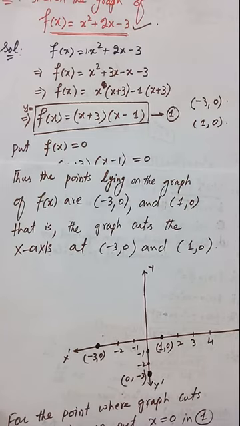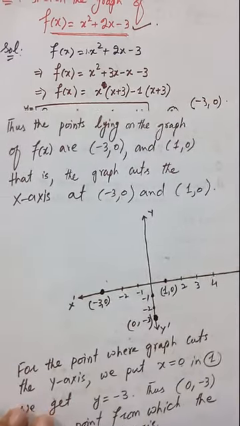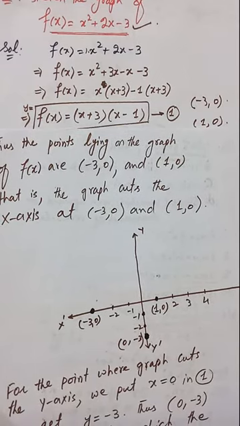This example is in detail. In the coming examples we will only look at the factors, and from those factors we can immediately write out the x-intercepts, and for the y-intercept we will just put x equal to 0.